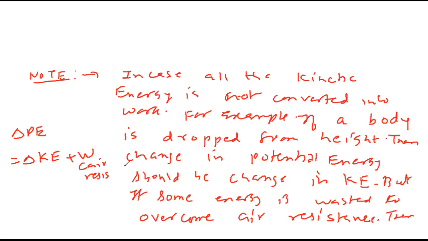So you have to remember carefully. If there is some opposition, then work done is not only change in kinetic, but the total change in potential in this case is change in kinetic plus work done against resistance.